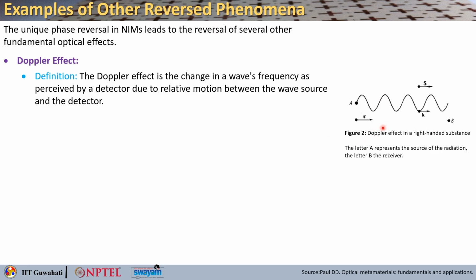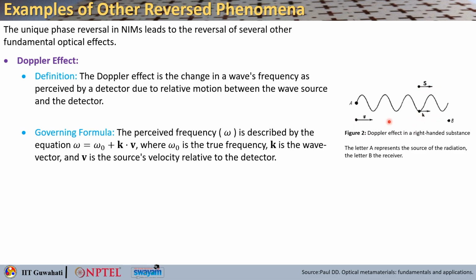Here you can see the Doppler effect in a right-handed substance. A represents the source of the radiation, and B is your receiver. This is the flow of energy and this is also the wave vector, and say the source is moving with a velocity v towards the detector.